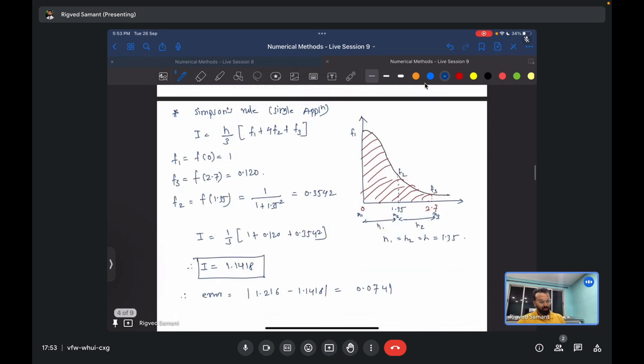So those two intervals would be like that. In Simpson's rule, we applied the whole formula for the whole region, but we will not do the same for a two application trapezoidal rule. For the first interval, we will apply a trapezoidal rule. For the second interval, we will apply a trapezoidal rule and then add them up.